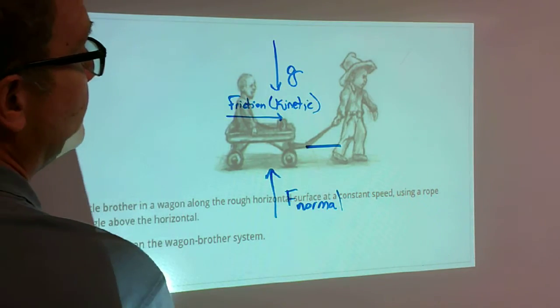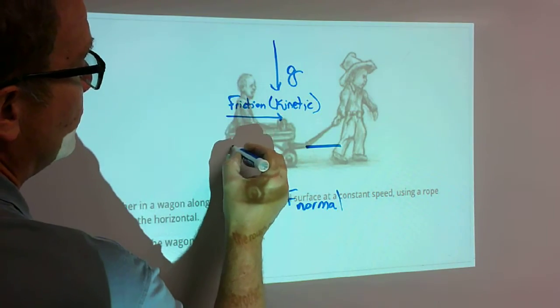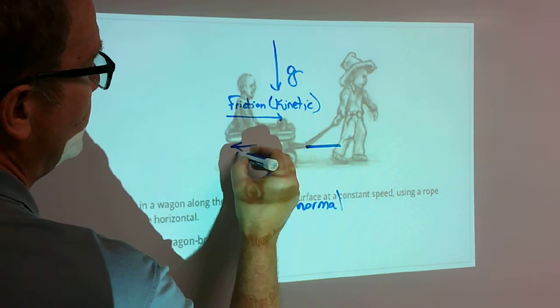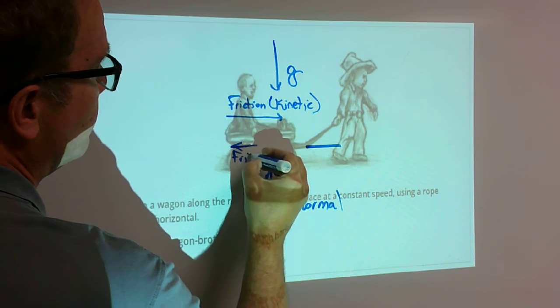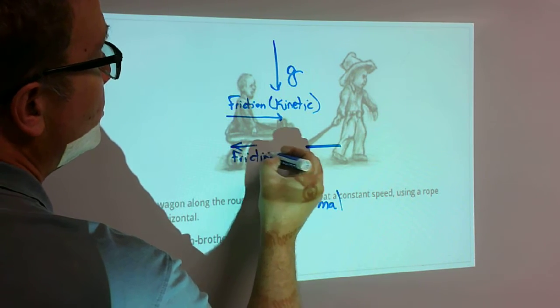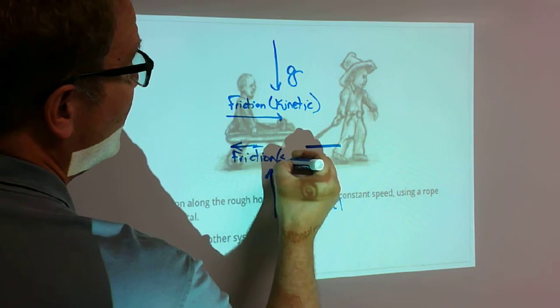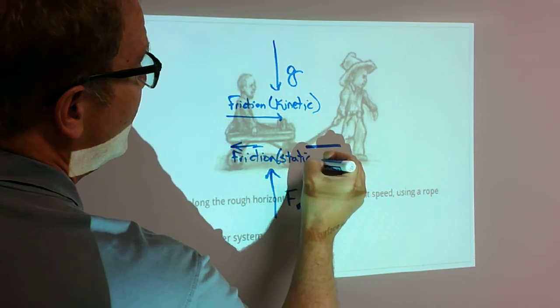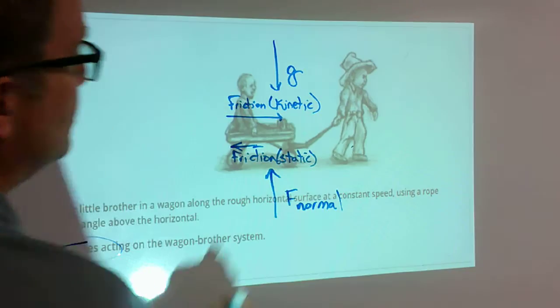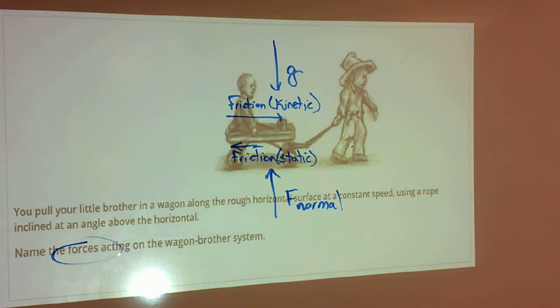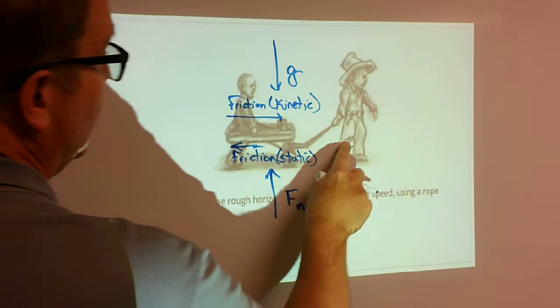And then this one is going to be a smaller force because you're moving, and that's going to be my static frictional force. So now I got two sets of ones that are acting on it.